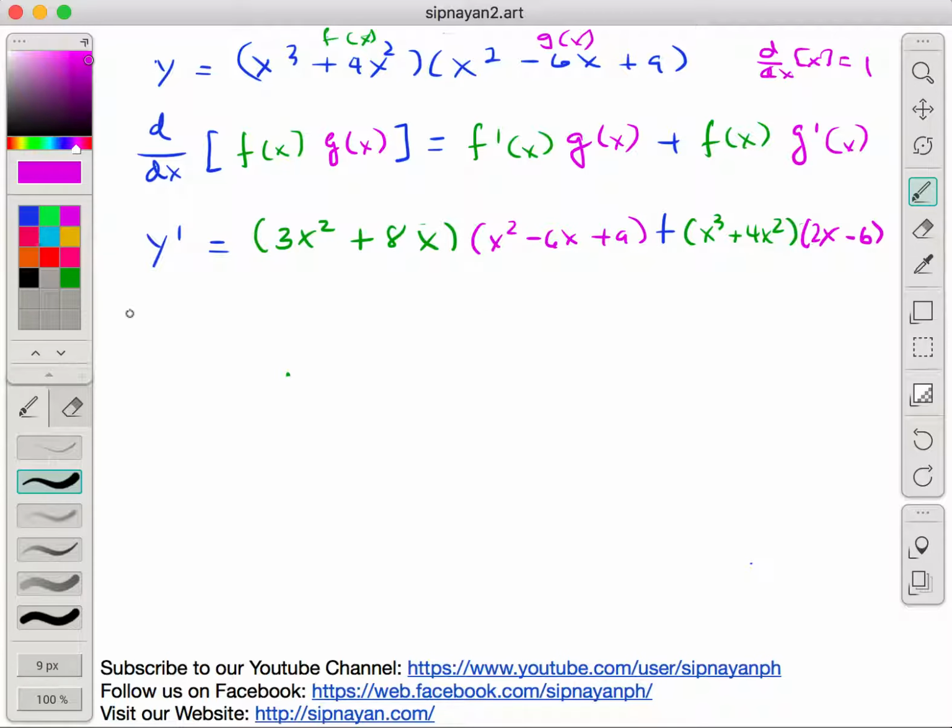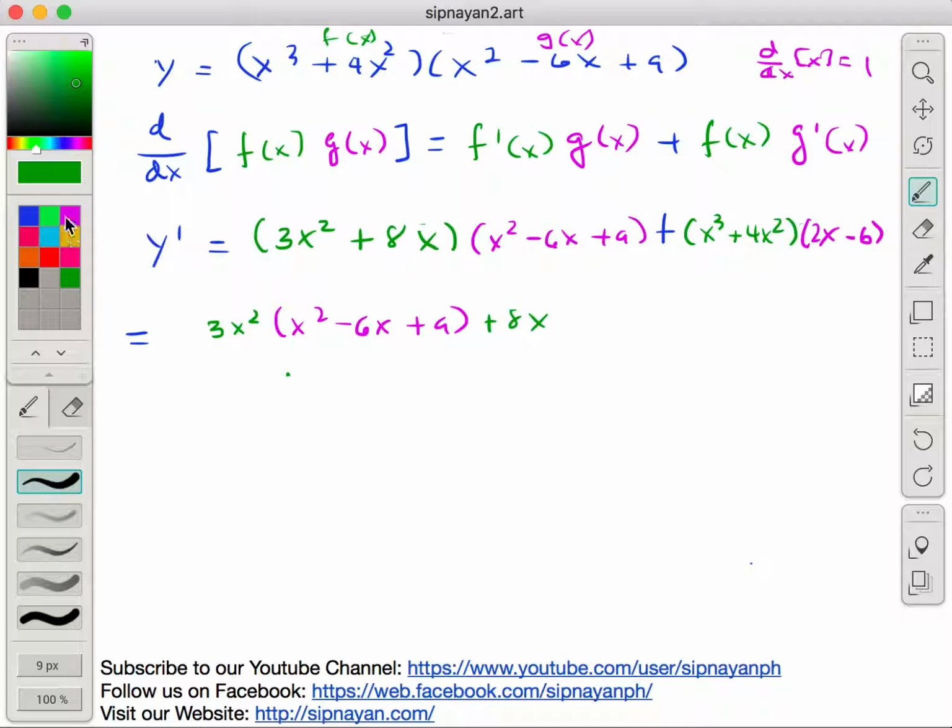Okay, solve natin. This is equal to, pwede nating i-distribute to. Siguro tong first multiplication nandito sa first line, tapos yung second multiplication, second line. So this is 3x squared. Gusto kong i-distribute yung 3x squared sa x squared minus 6x plus 9. And then I have a plus 8x.